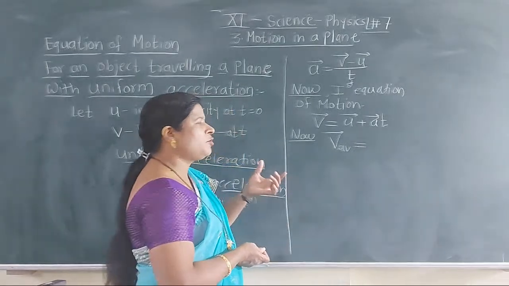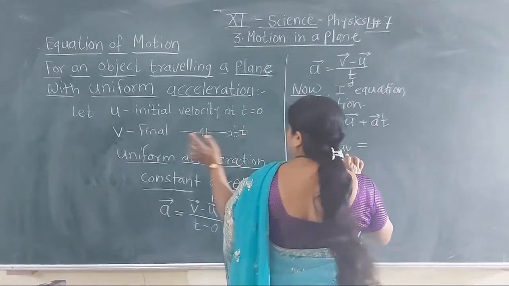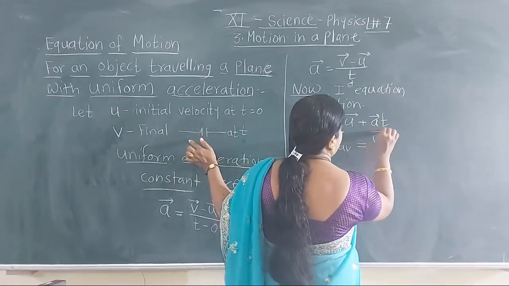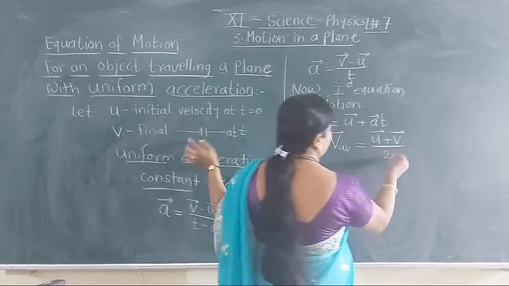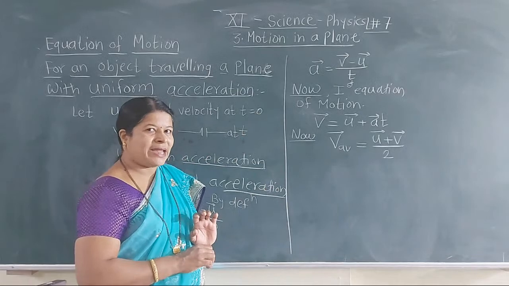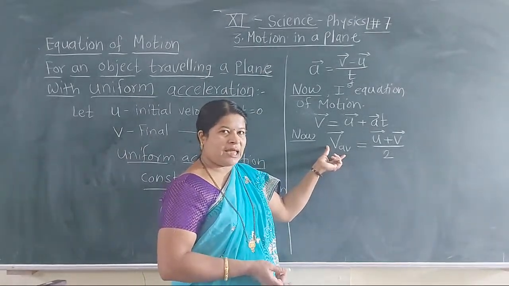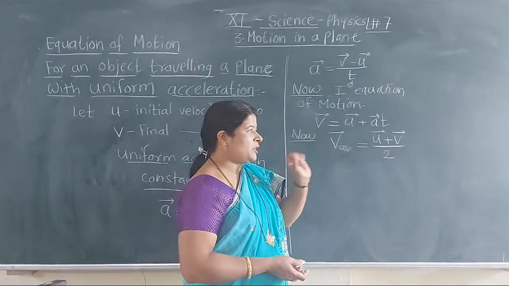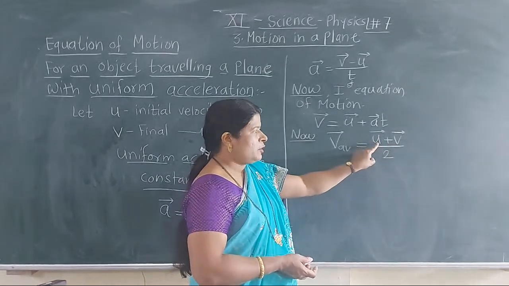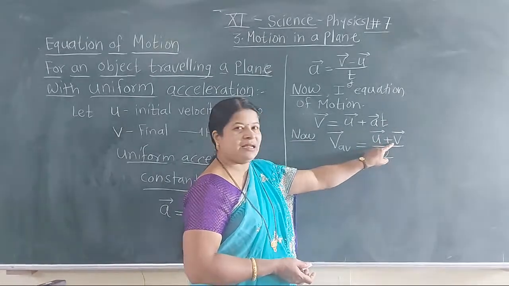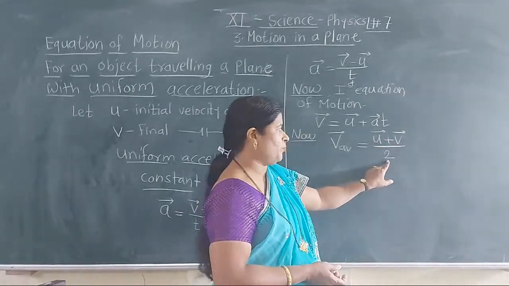We combine two velocities and take a mean. Therefore v average in this case is vector u plus vector v divided by 2, because we add the initial velocity and final velocity and divide by 2.